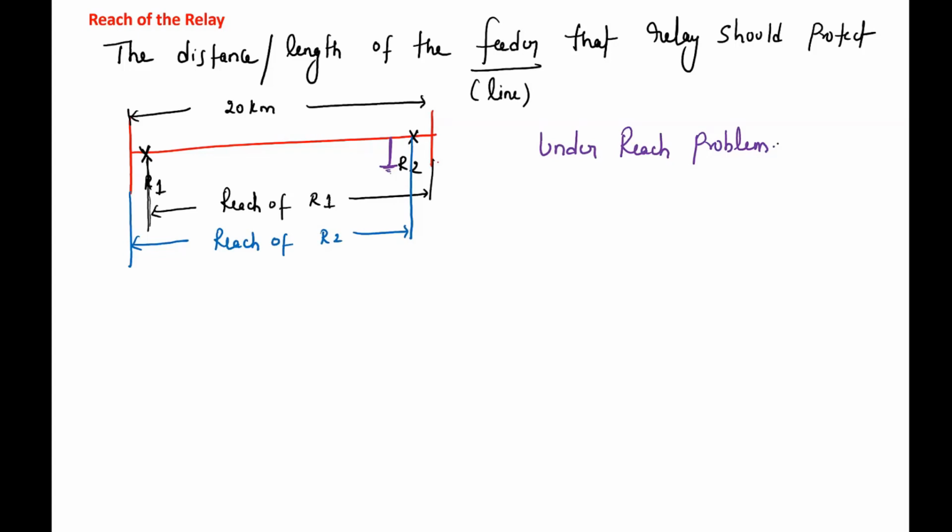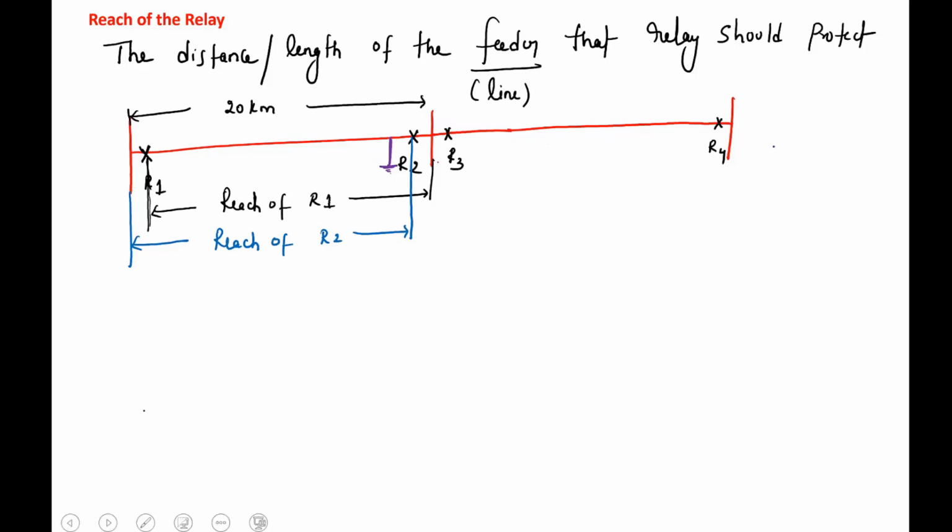Similarly, let us assume there is one more adjacent feeder. For protection of this adjacent feeder, we have two more relays, R3 and R4.